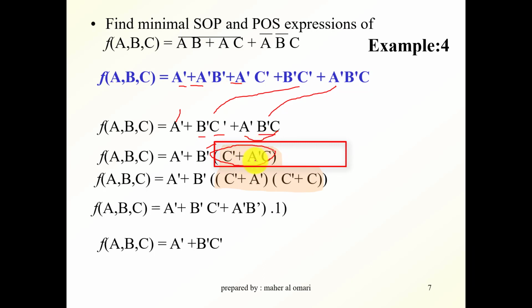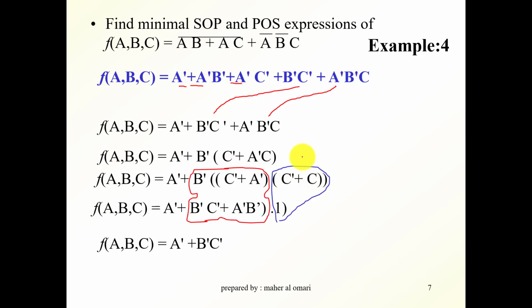We get C bar ORed with A bar, which is this, ANDed with C bar or C. And C bar or C is equal to 1. Now here, this is equal to 1. We take B bar inside, so what we get is B bar C bar ORed with B bar A bar.